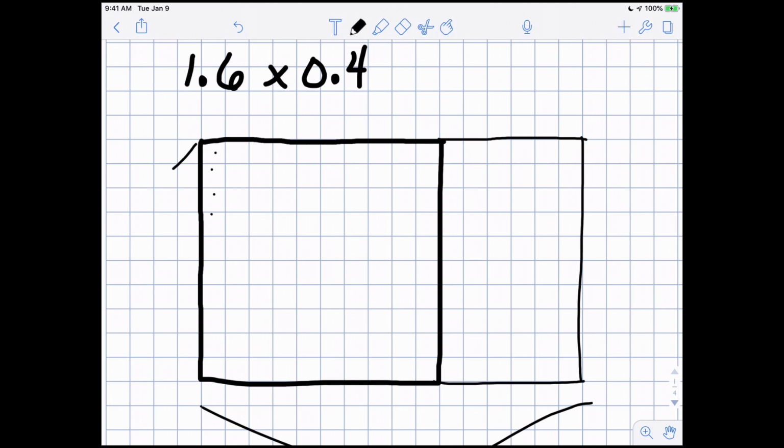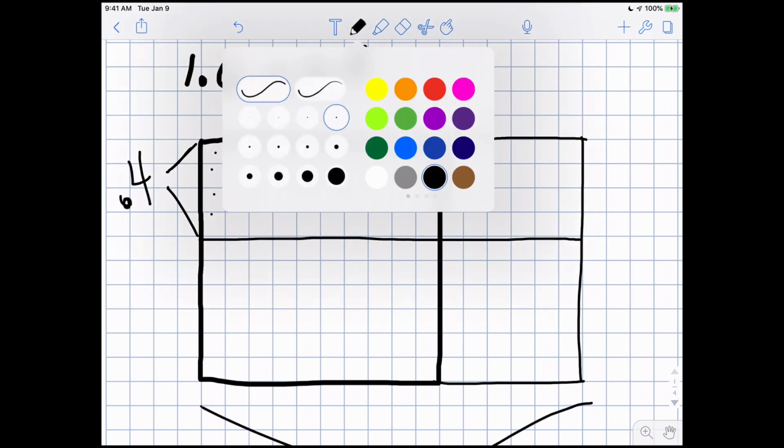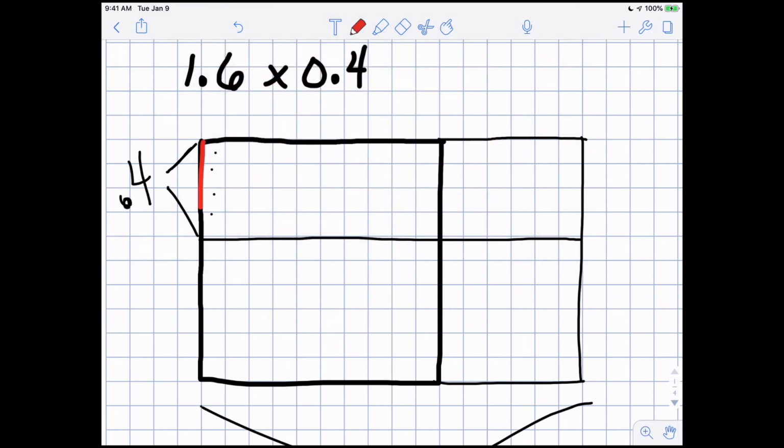So right here is my 4 tenths. So really, I want this rectangle right here. So we know each of those little squares is a hundredth, don't we? And we know that this is one whole and this is 6 tenths. So 4 tenths times one whole gives us 40 hundredths.